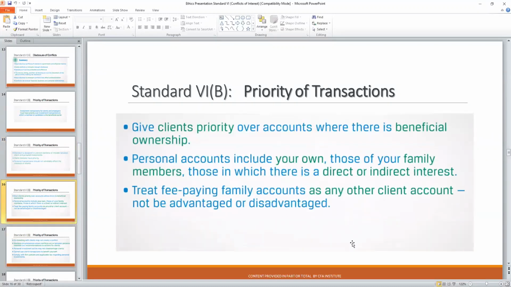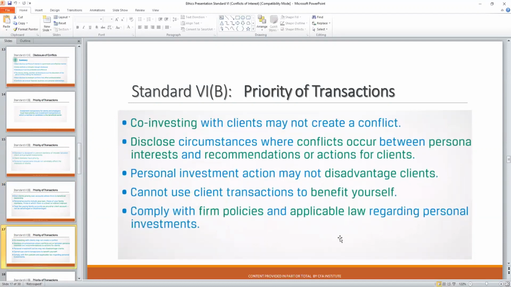Give clients priority of accounts where there's a beneficial ownership. Personal accounts include your own, those of your family, and those in which there's a direct or indirect interest. Treat fee-paying family accounts as any other client account, not to be advantaged or disadvantaged. Co-investing with clients may not create a conflict.